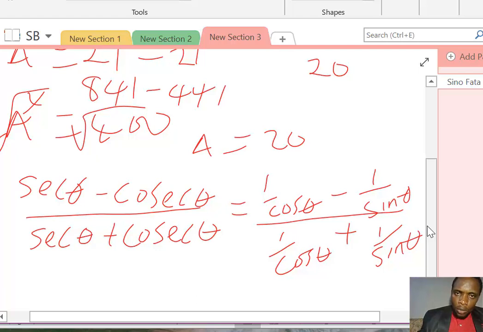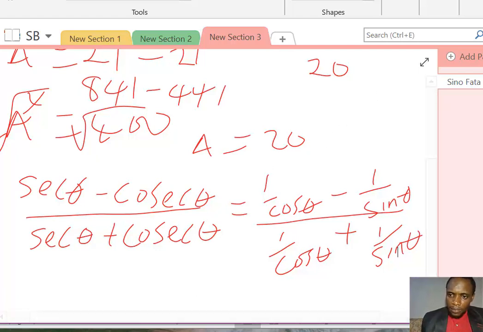So if you recall, what is sin theta and what is cos theta?